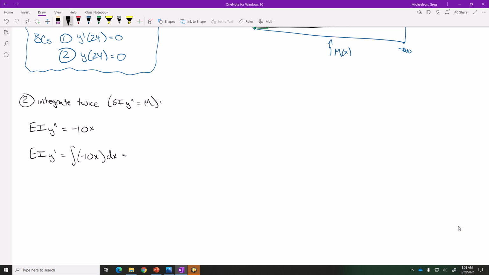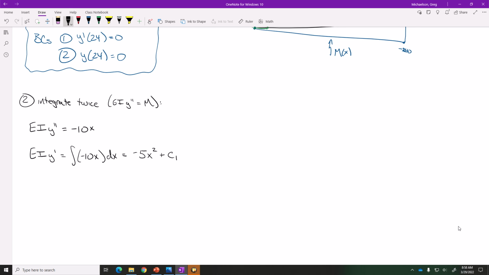Yeah, so negative 5x squared plus c1, right? Go ahead and do it right now. What can we do? Plug in the y prime value to get c1. We could go ahead and solve for c1 now, right?